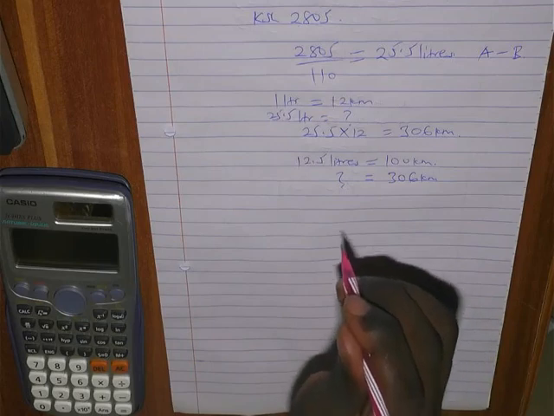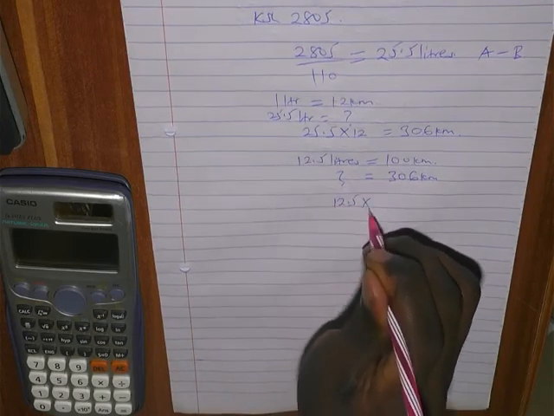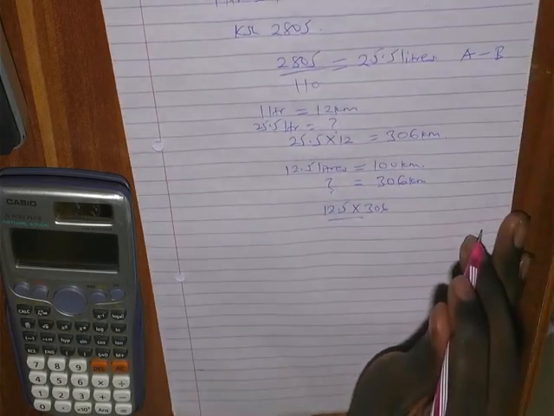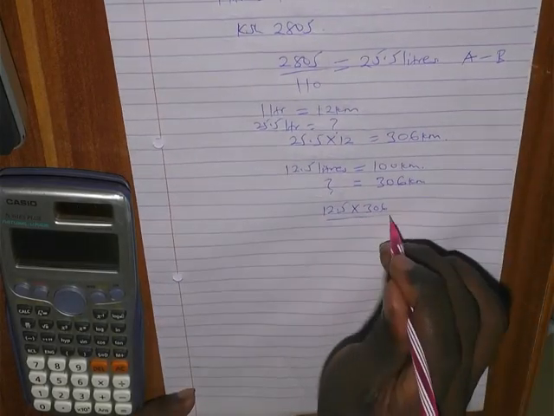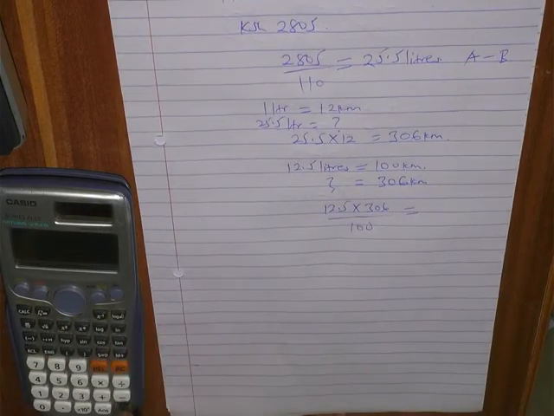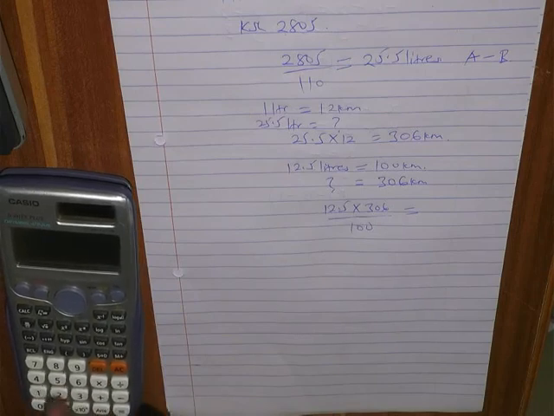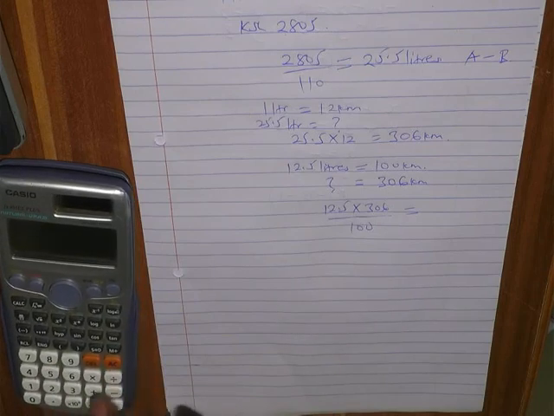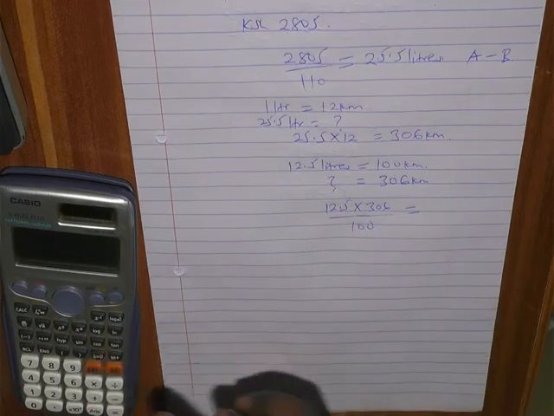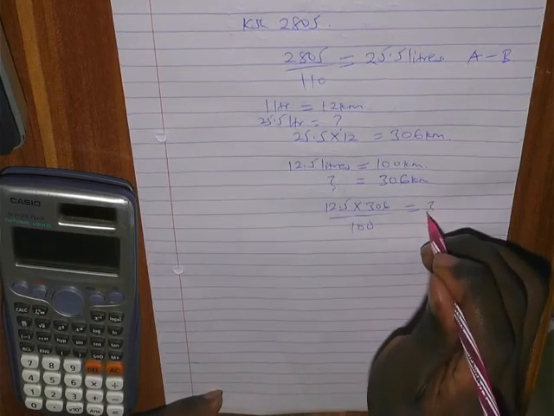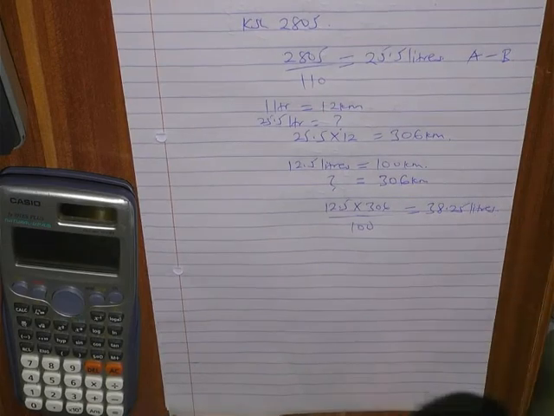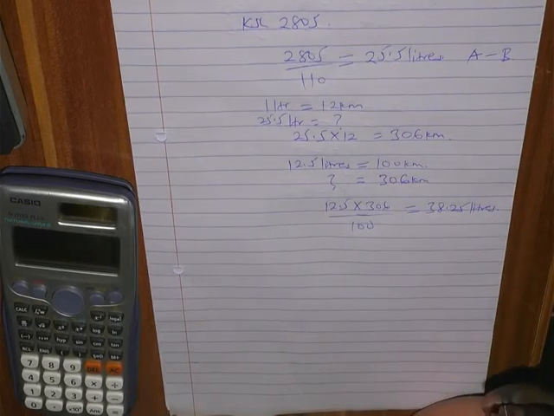So 306 kilometers will cost her how many liters? It is going to be 306 times 12.5 divided by 100. That's going to be 38.25 liters. So for her car she'll need 38.25 liters to travel.